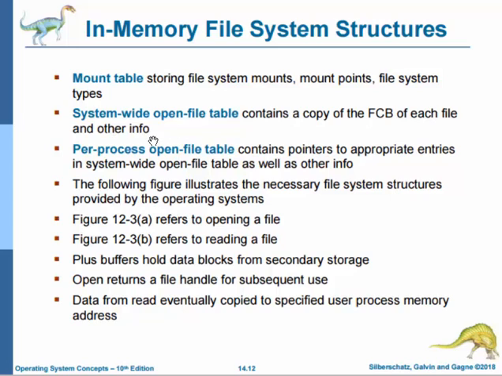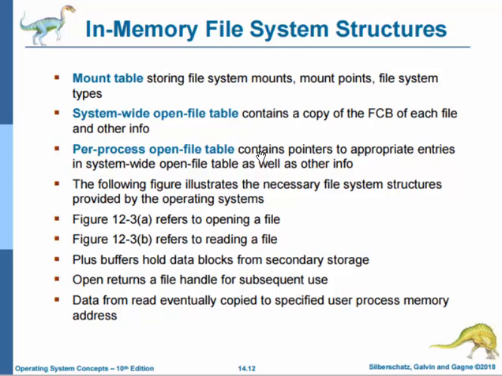And then we have an in-memory directory structure cache which holds the directory information of recently accessed directories. We also have the system-wide open file table, which contains a copy of the file control block of each open file and other information.